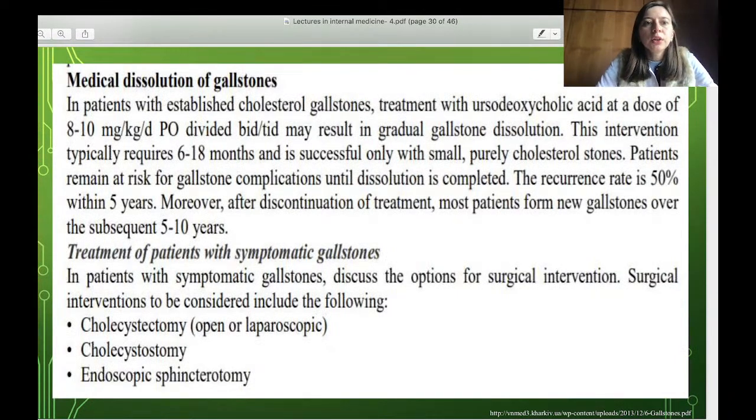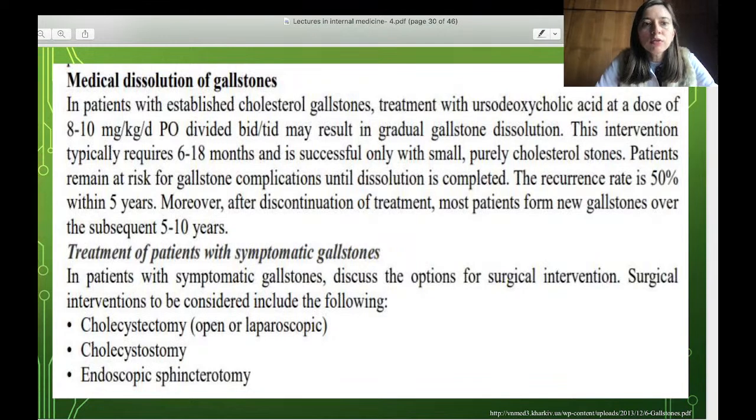And medical dissolution of gallstones. In patients with established cholesterol gallstones, treatment with ursodeoxycholic acid at a dose of 8-10 mg per kilogram a day, divided twice daily, may result in gradual gallstone dissolution. This intervention typically requires 6-18 months and is successful only with small, pure cholesterol stones.